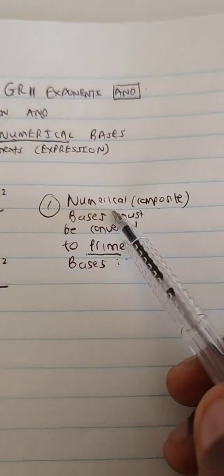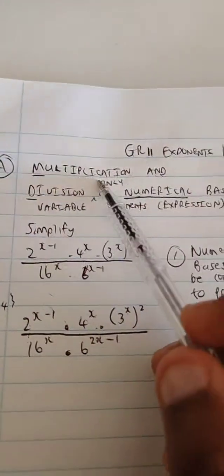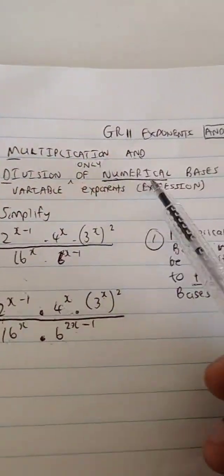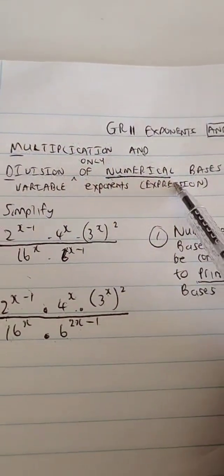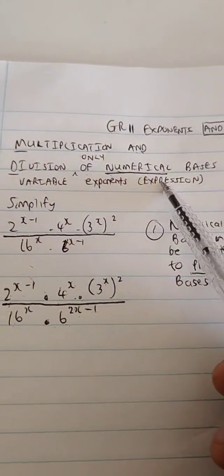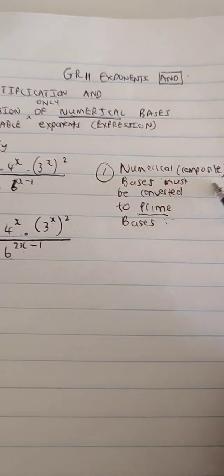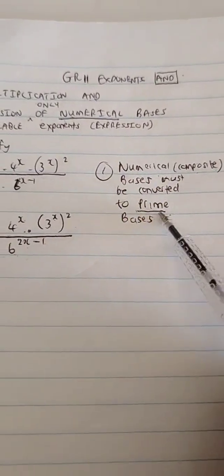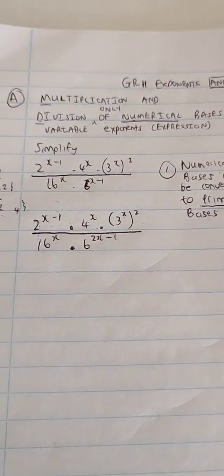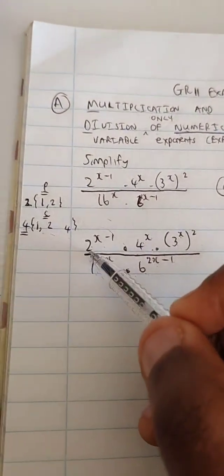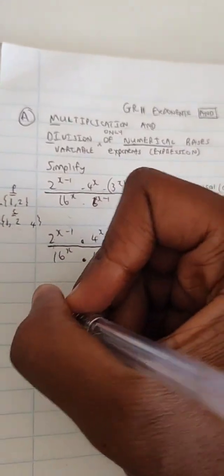So our objective when we have multiplication and division of numerical bases with variable exponents or expressions, we need to first convert all the composite bases to prime bases. So 2 is fine.